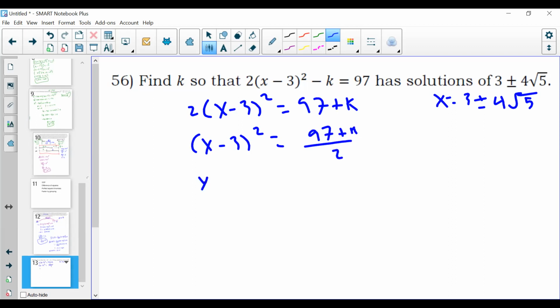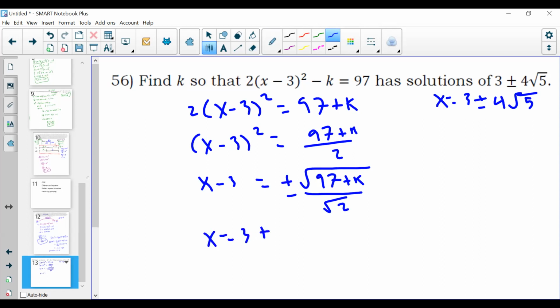Square root both sides. X minus 3 equals the square root of 97 plus k, all divided by the square root of 2. Add 3 over, and x equals 3 plus or minus the square root of 97 plus k all over the square root of 2.